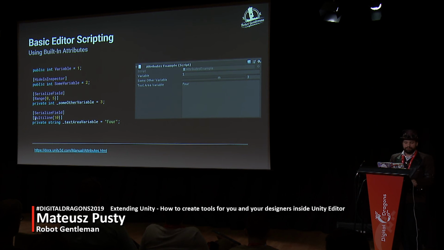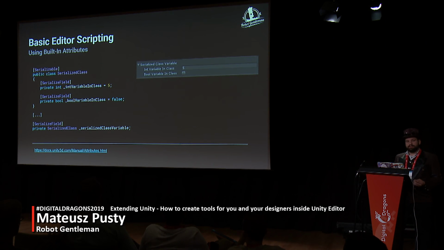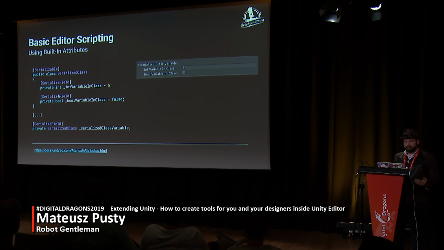We have SerializeField with Multiline 10, which will give us this neat text area where we can type some more text that will be visible instead of just a single line of text. We also can serialize our own classes in the inspector, just basic plain C# classes. We need to put the Serializable attribute on top of them, and then we can use every other attribute inside our classes, just like we can do in the inspector.